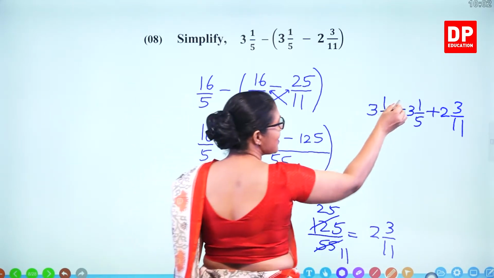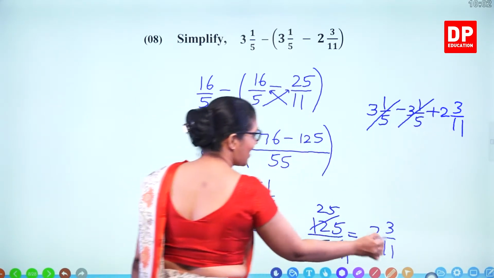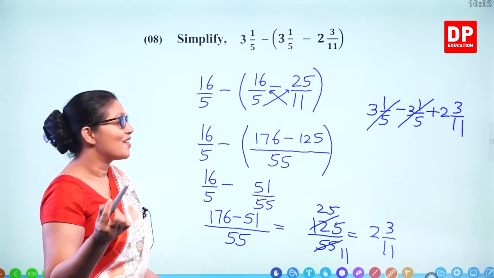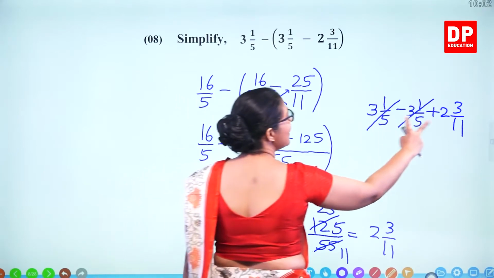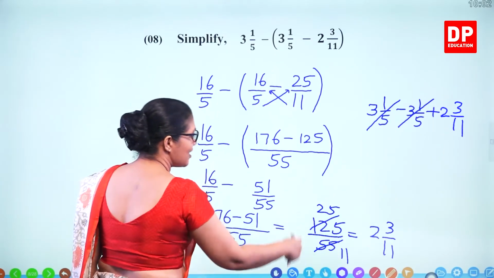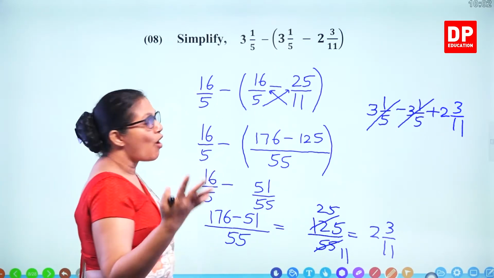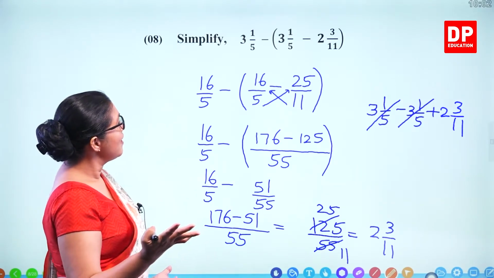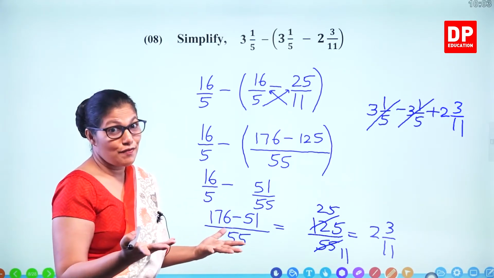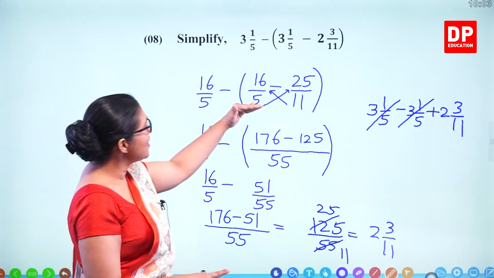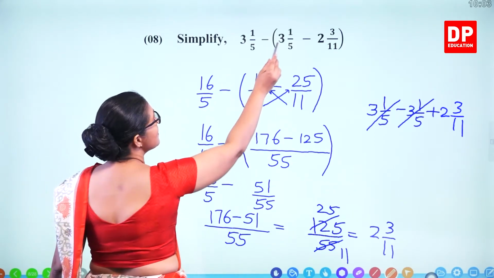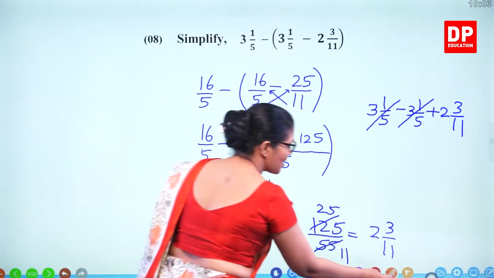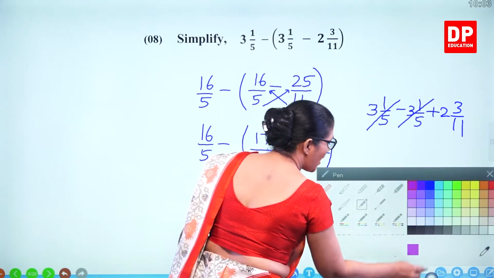So this gets cancelled out and you get this answer. You can do it within a second, easily without simplifying. Normally when you see something, we take brackets first, BODMAS, and then simplify. But if you see the same value, you can cross it out. So 2 marks for that.